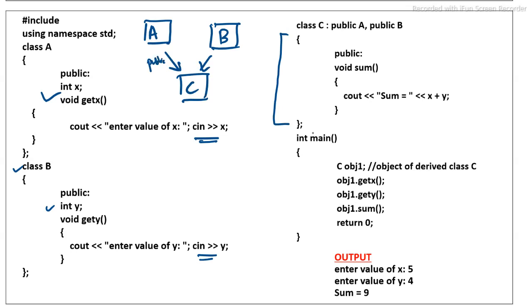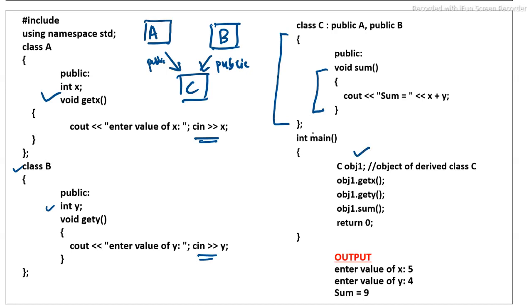So C is inherited publicly from A and also publicly from B. This is the syntax: class C colon public A, public B. Class C contains a public member function sum, which returns the addition of x and y. Inside the main function, we have created the object for class C.